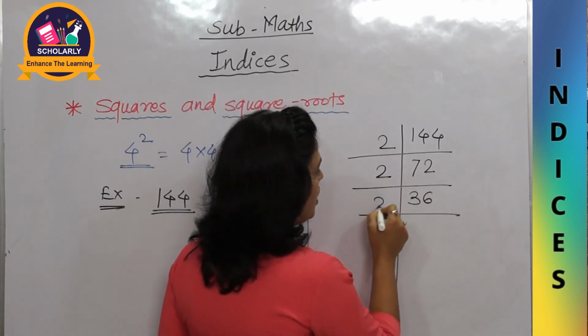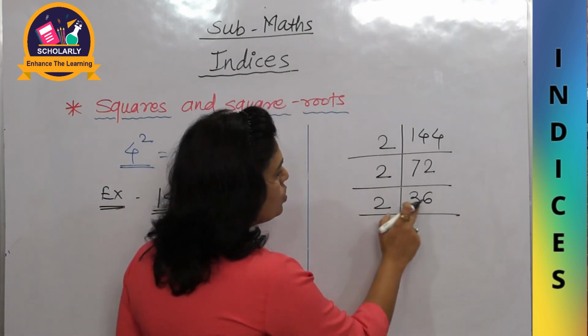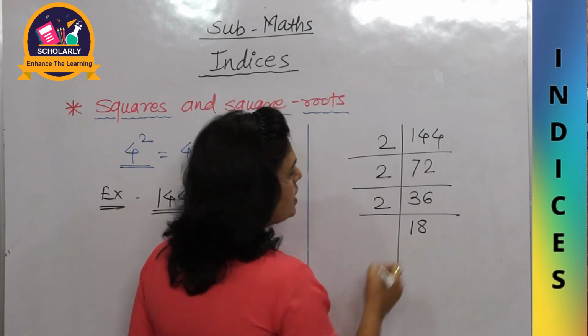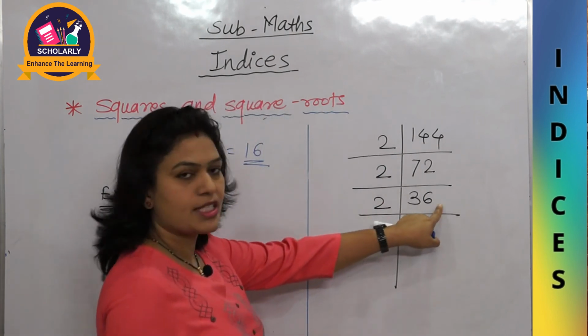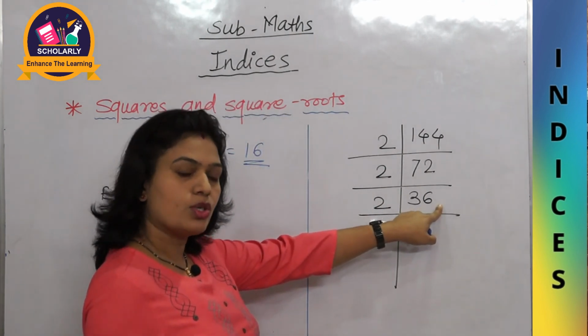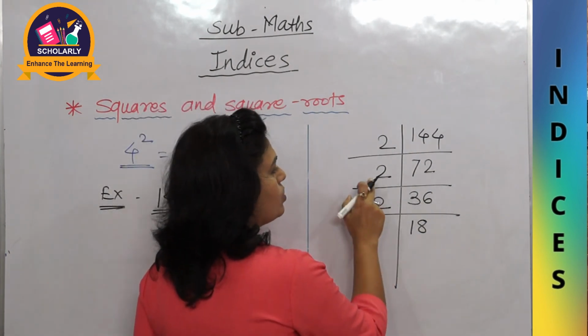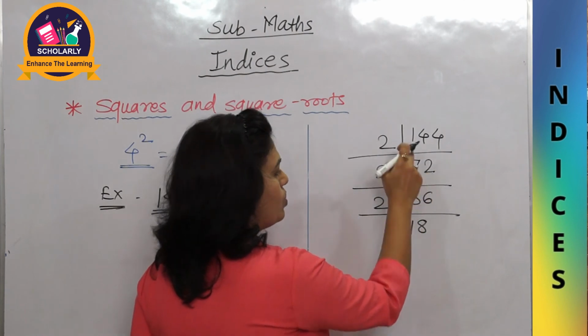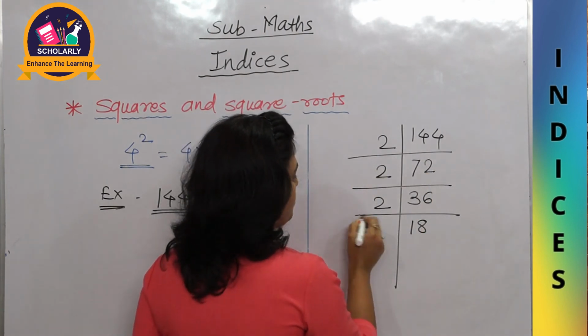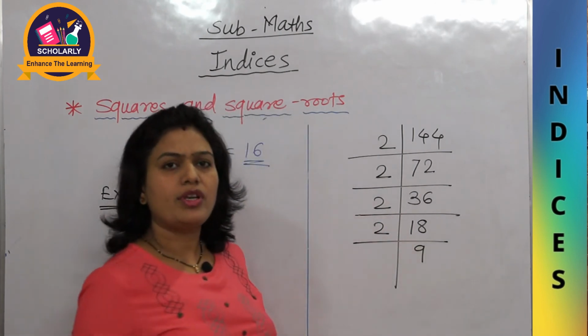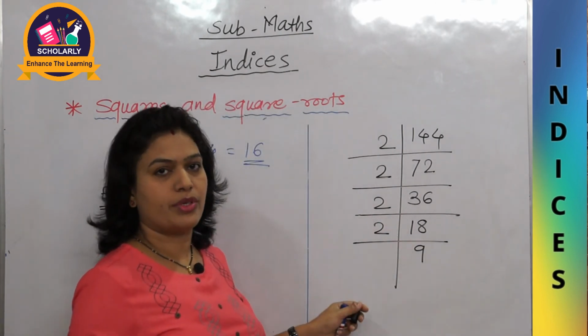36, again write here 2. 2 ones are 2. 2 eights are 16. 18 twos are 36 as we know. We can also tally this like 18 twos are 36 or 36 twos are 72 like this. Again 2 nines are 18. You have learned how to factorize a number.